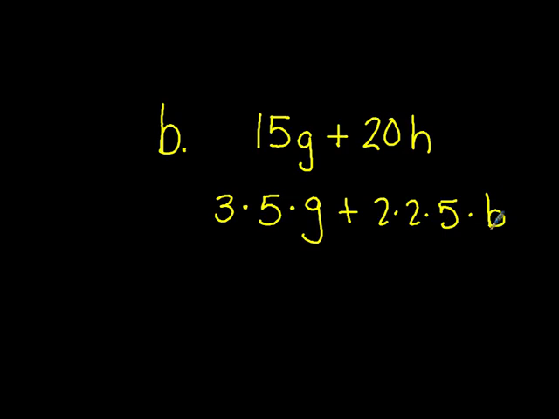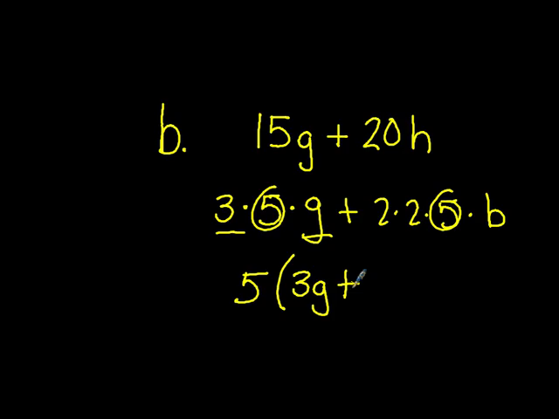So the common factor for this one is 5. So I would have 5 on the outside of my parentheses times 3g, because that's what's left over, plus, and this would be an h here, 2 times 2 is 4, 4h.